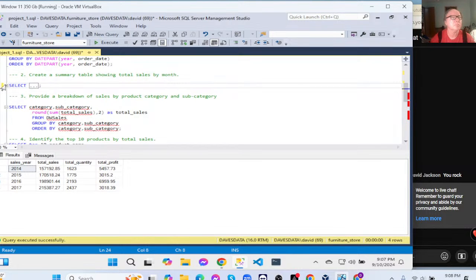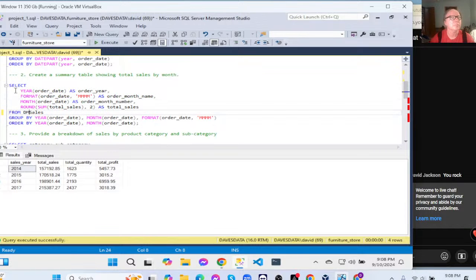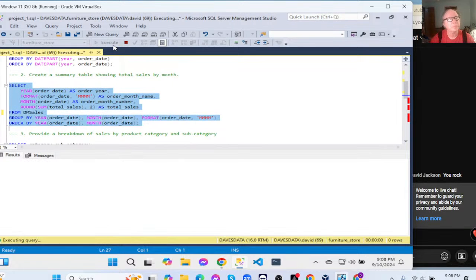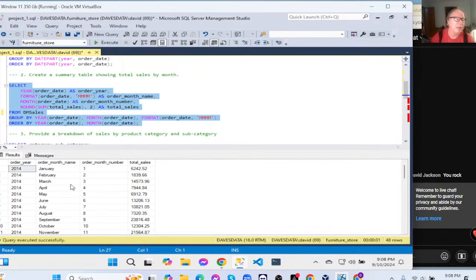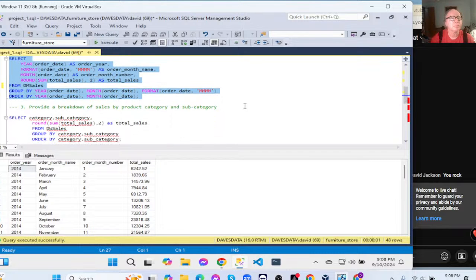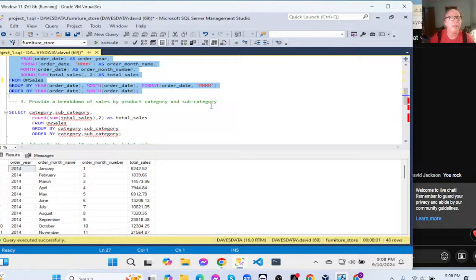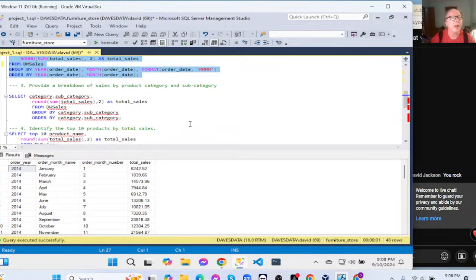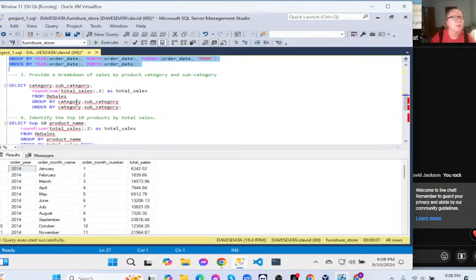Okay. Next, I'm going to create a summary table showing total sales per month. It doesn't specify a year, but I decided to include a year anyway. So now we got the years, 15, and it begins over again.